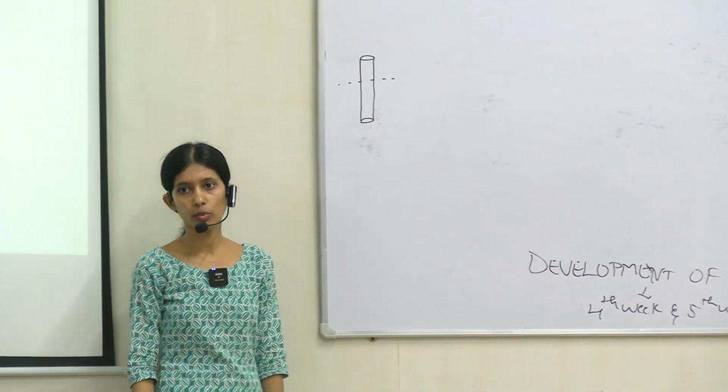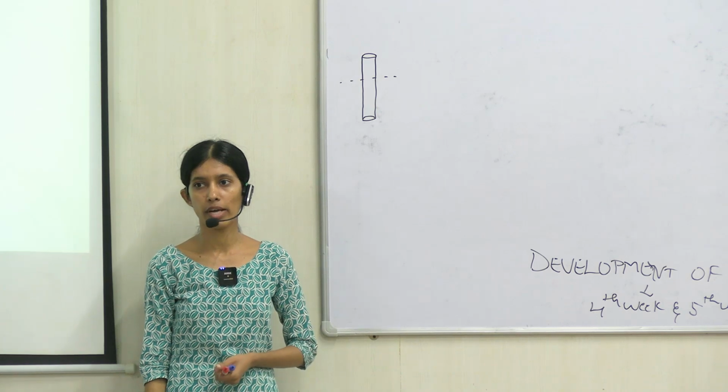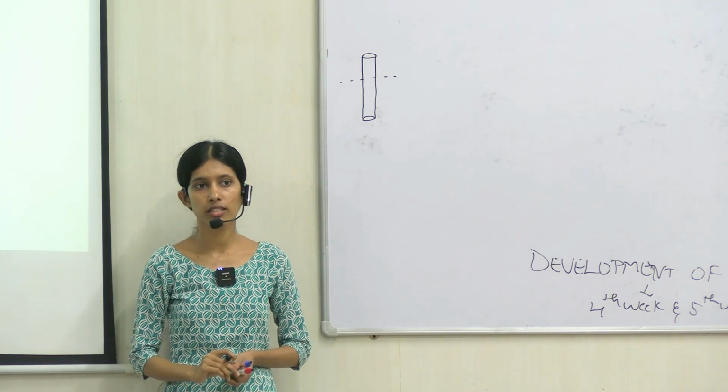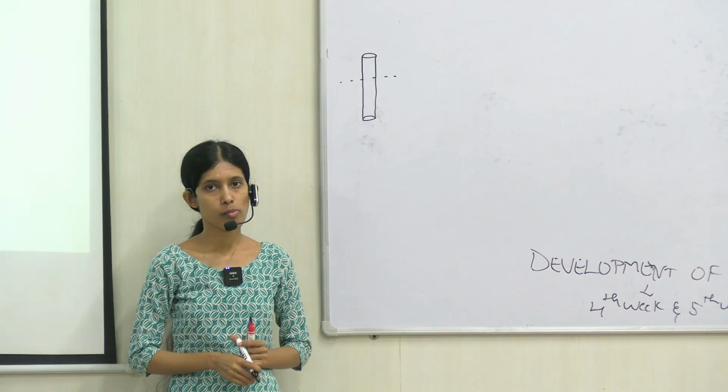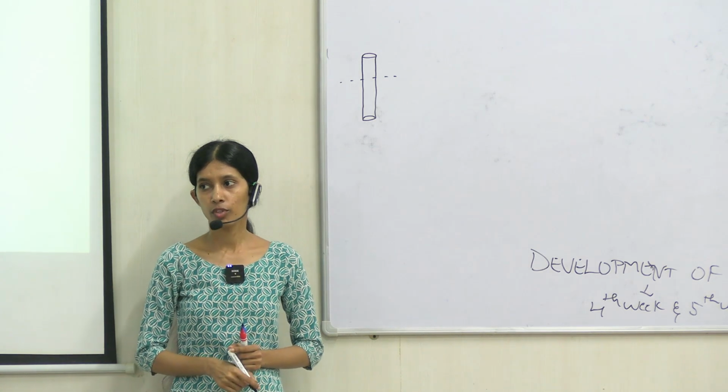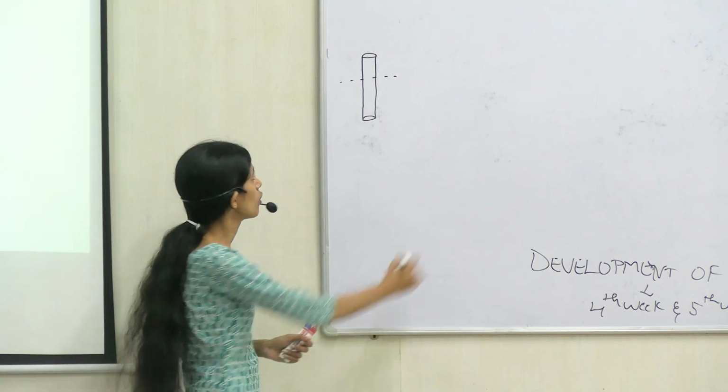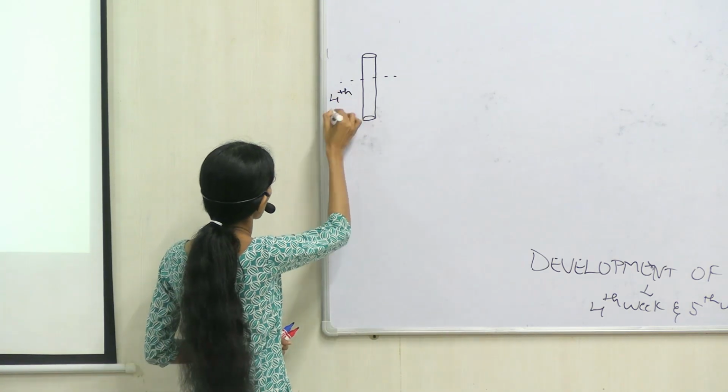It was already discussed in the previous class. Your neural tube will get fused at the 4th somite level.